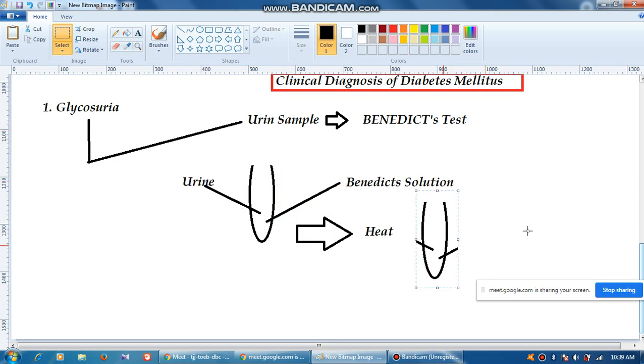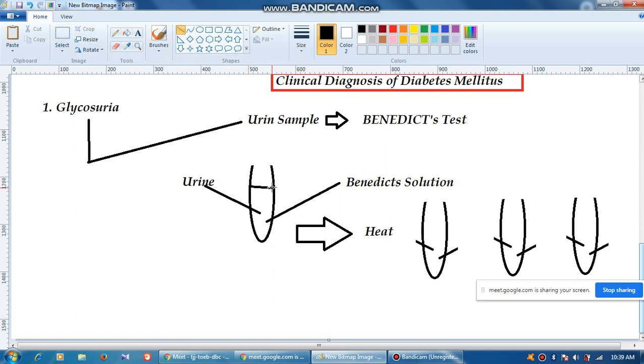In the result, you will see 3 different types of colors, or 3 different conditions. This is, for example, colorless. After heating, there could be 3 different things.